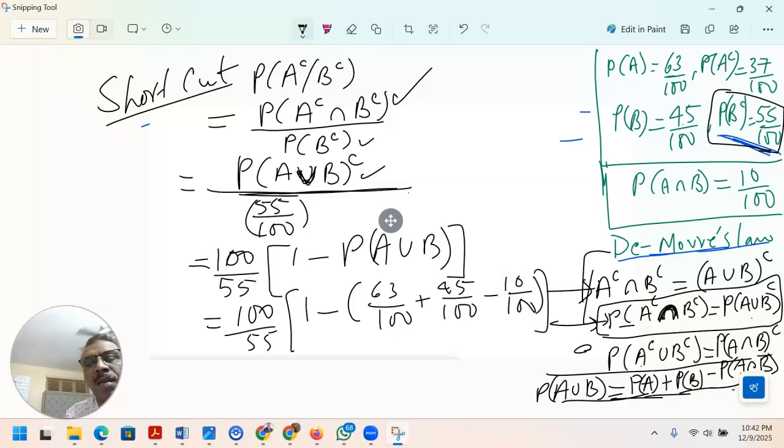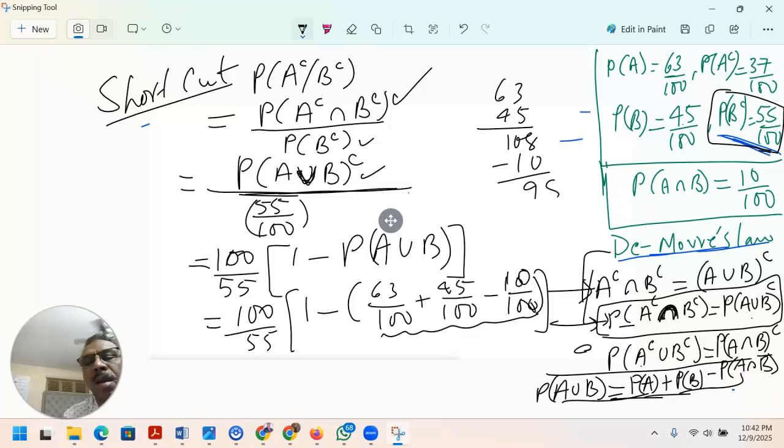If you work out only this parenthesis, 63 plus 45 is 108, minus 10 you get 98.